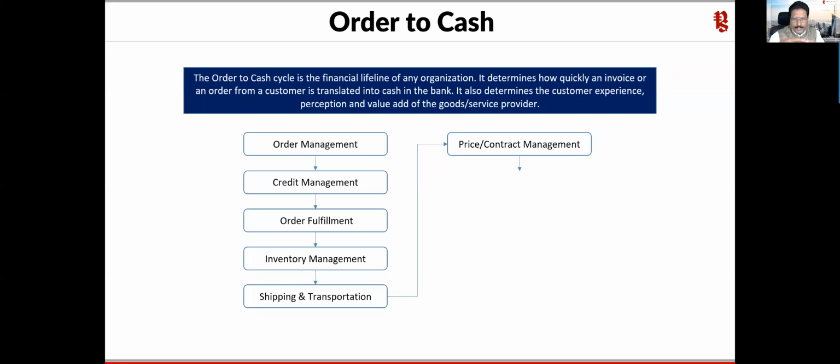So depending on the quantity and other factors, how does this price contract work? I'll just give an example. The price contract is basically drawn where the vendor and the customer agree upon a fixed price. For example, you need to supply a particular item called A. Both of you agree to a rate.